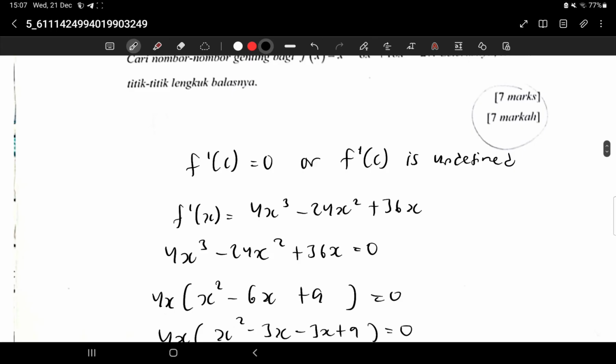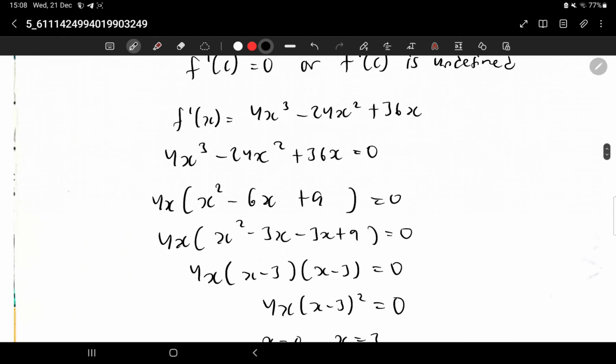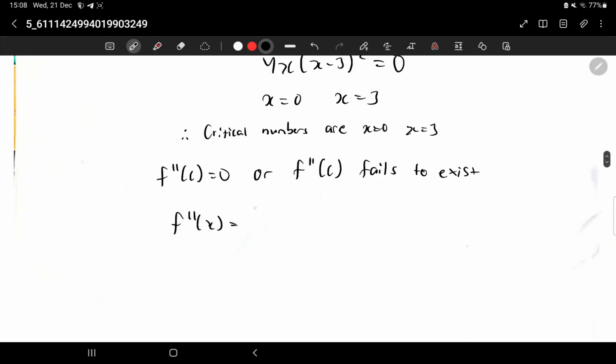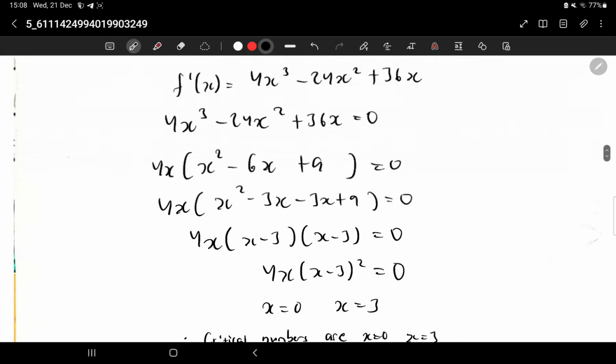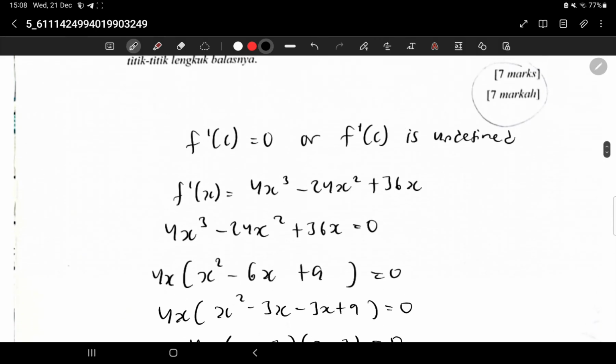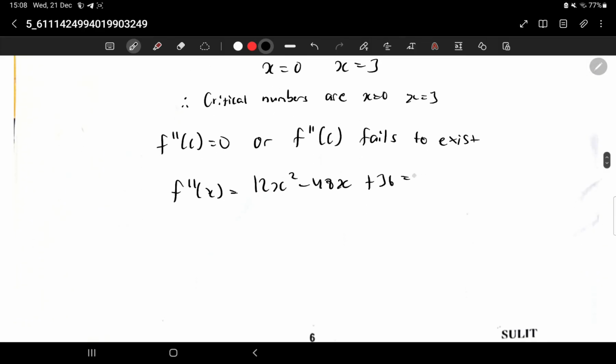The second derivative should be 12x squared minus 48x, then plus 36. Then from here, 12x squared minus 48x plus 36 is equal to 0.